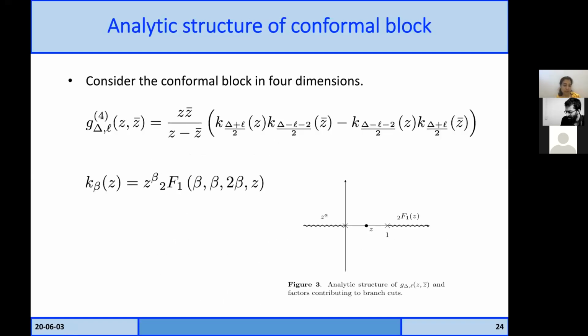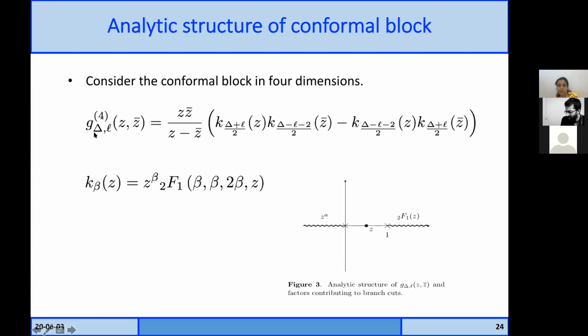So as I already told you, the conformal block is known in some specific dimensions. So this is a 4-dimensional conformal block. And this factorizes in Z and Z bar. In this, K is a hypergeometric function times some exponent, which is Z power beta.